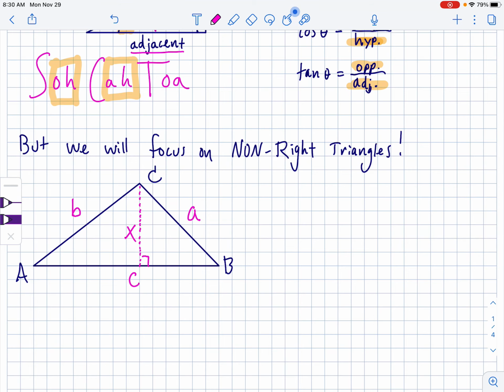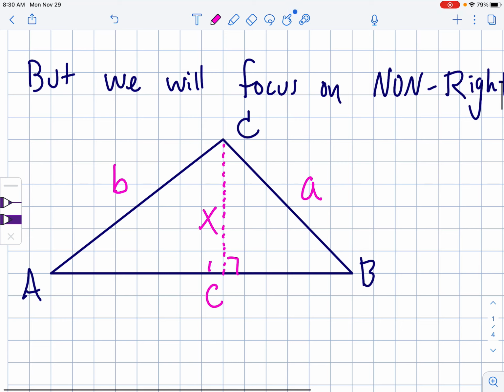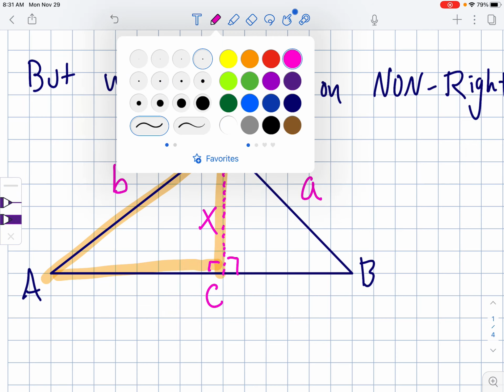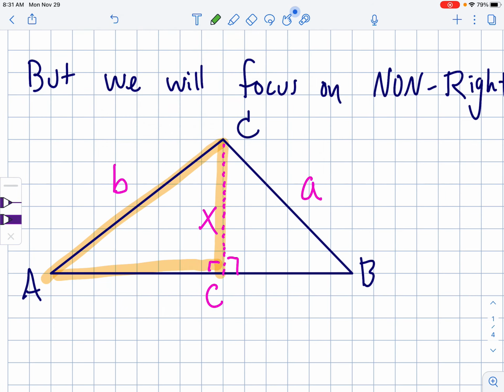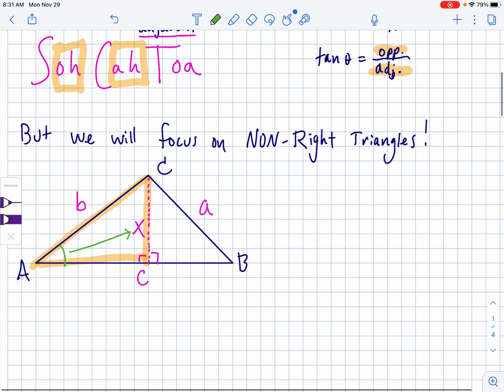Now, if I use SOHCAHTOA with this right triangle on the right, this angle A, this would be the opposite side, and then b would be the hypotenuse. So from SOHCAHTOA, sine of capital A is equal to x over little b.